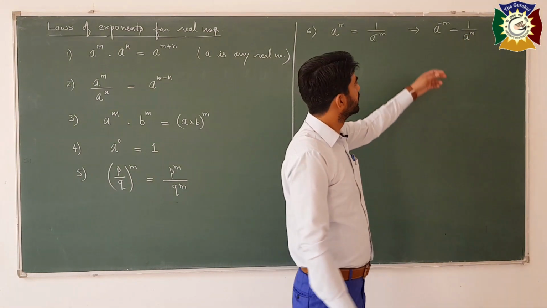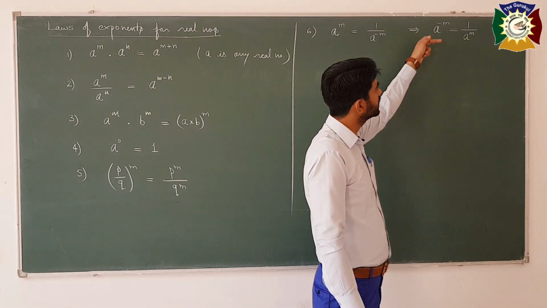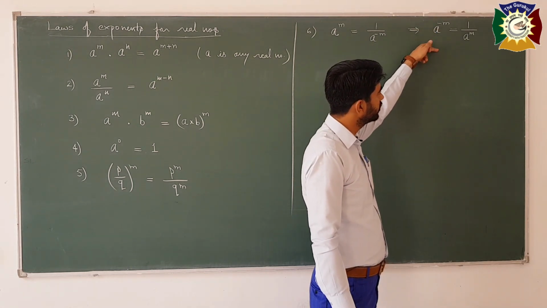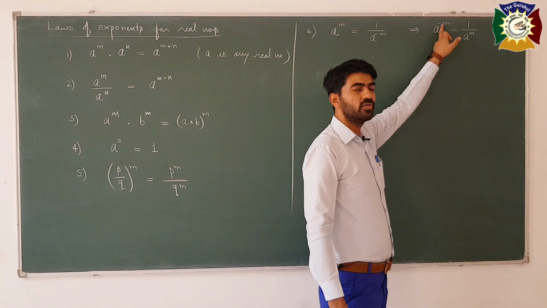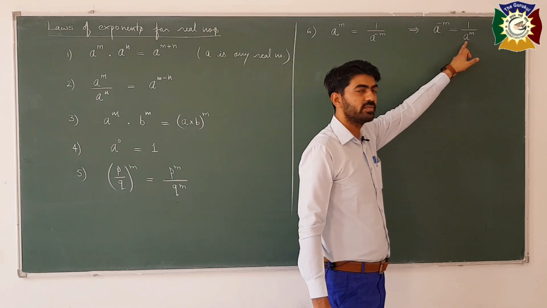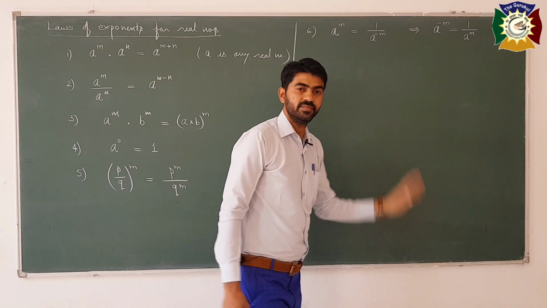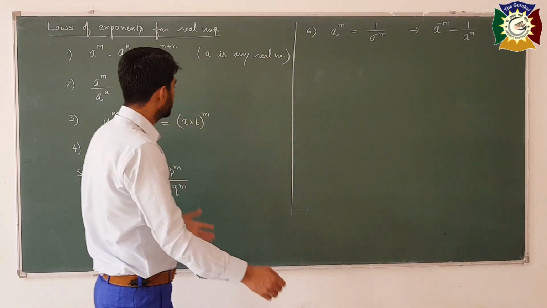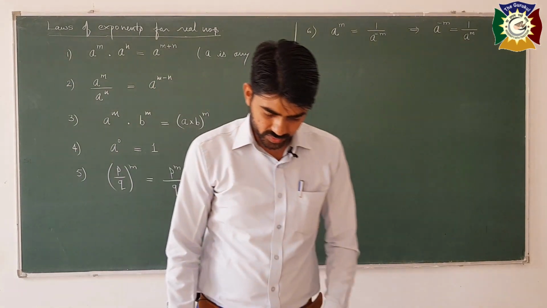It means if we take the reciprocal, the sign of the power will change. If it is negative, it will become positive. If it is positive, it will become negative. So these are some laws of exponents related to real numbers.